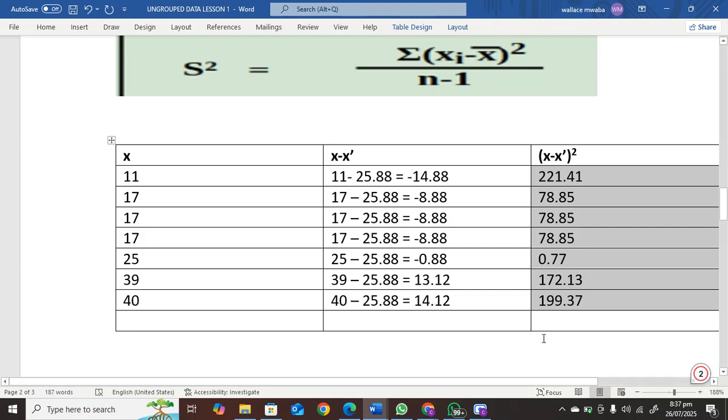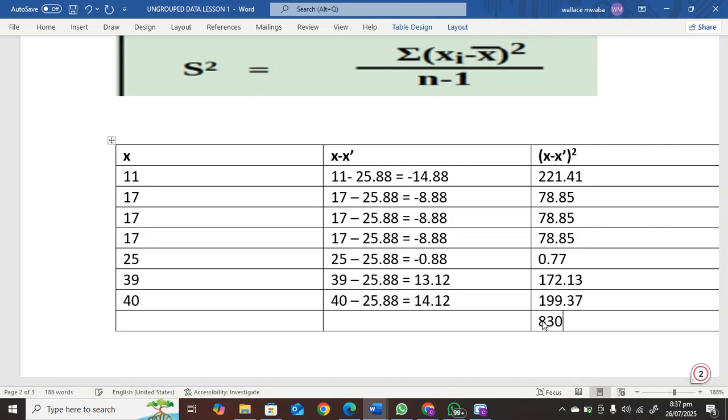Okay, I've got 830.23. Is everyone getting 830.23 when we add up?